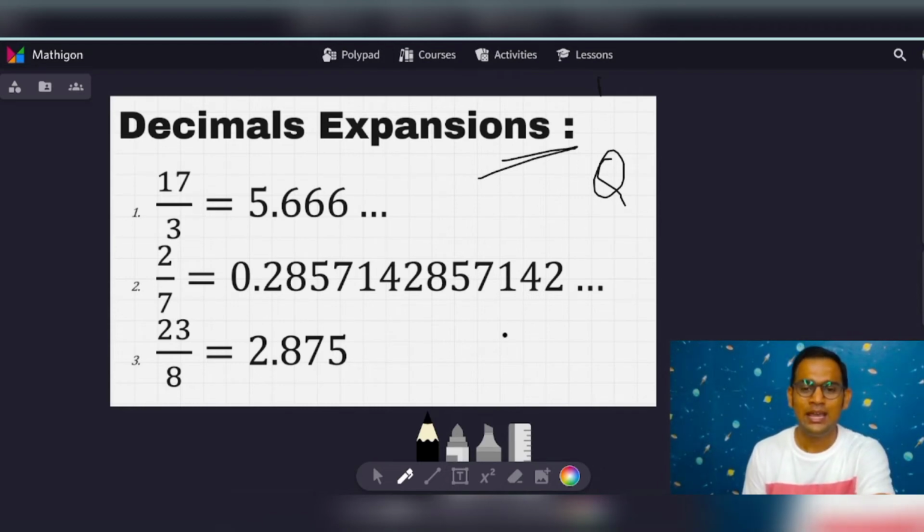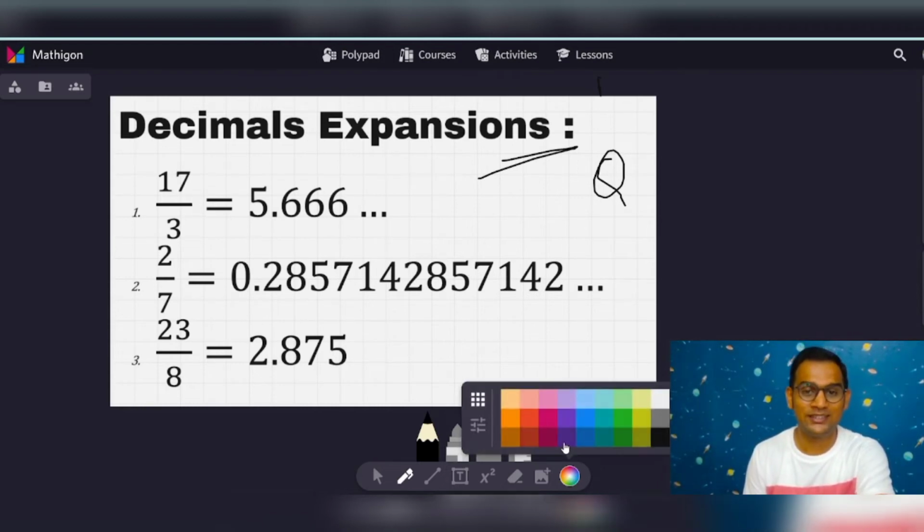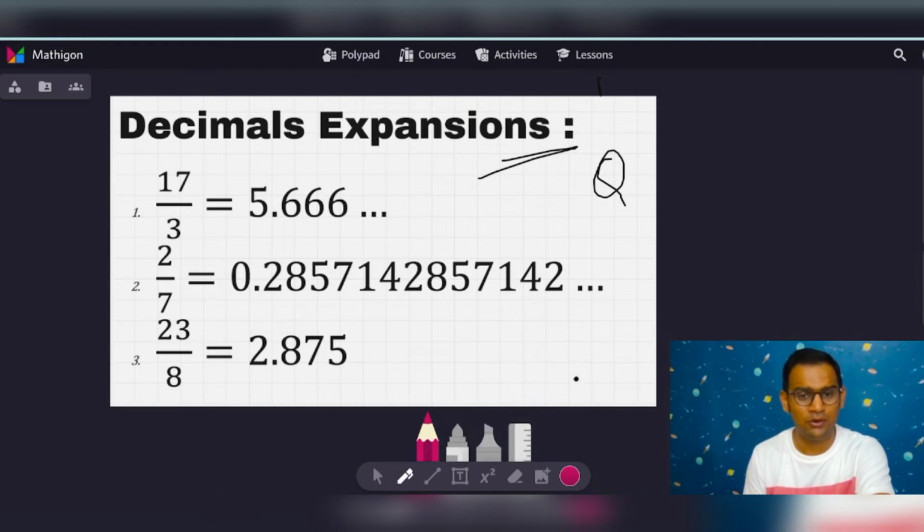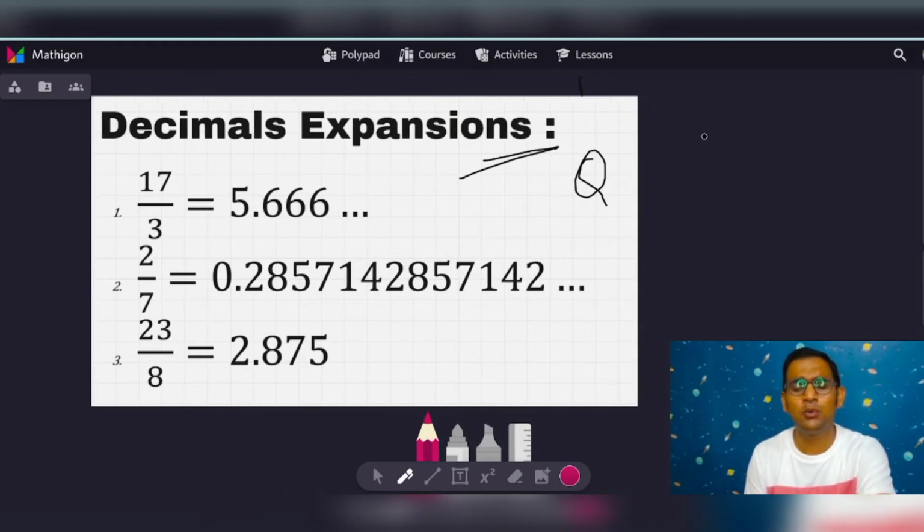17 over 3 can be represented as 5.666666. If you are a little confused about how we do that, we will quickly discuss how we divide. The denominator is the divisor and the numerator is the dividend. So 3 fives are 15.